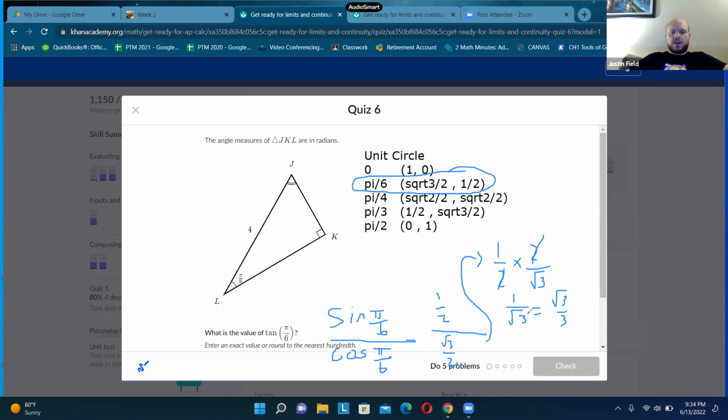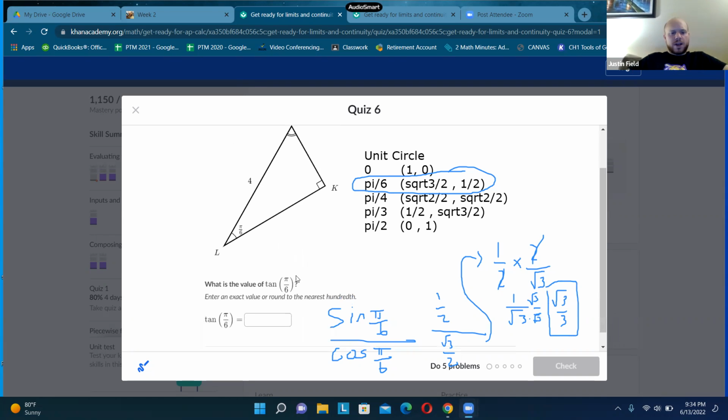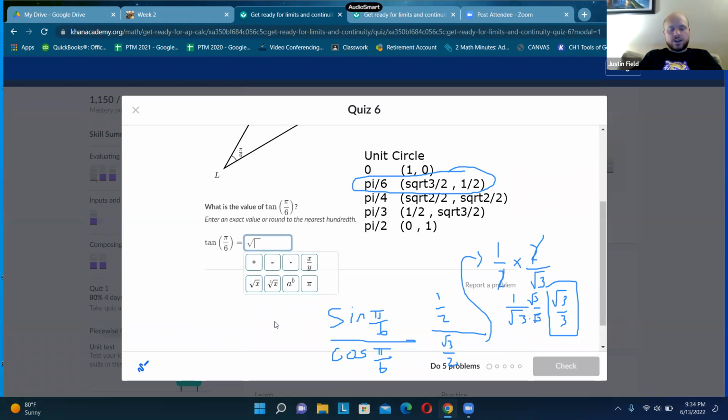Why is that? Because to rationalize the denominator, multiply the top and the bottom by the root on the bottom. That makes 3 on the bottom and root 3 on the top. So the tangent, and I did not mind that, and you need to get to the place where you don't mind it either. So the square root of 3 divided by 3.